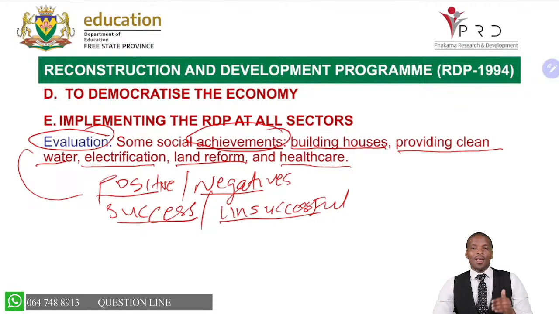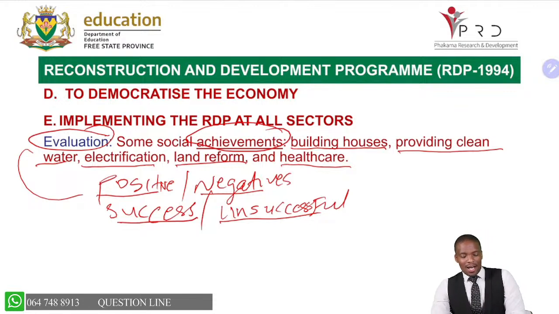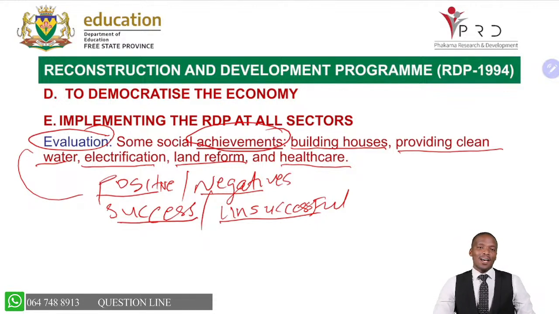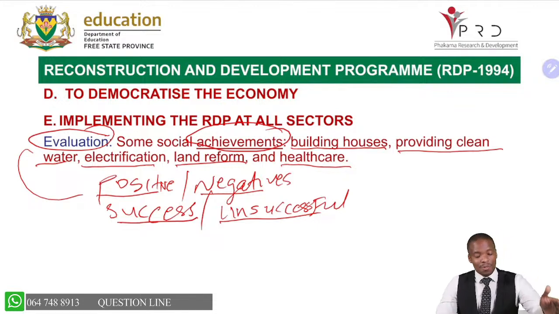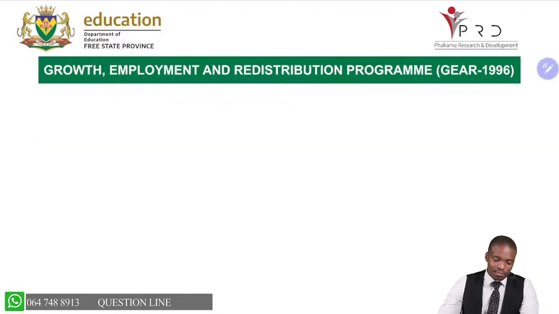However, it has been successful under 1, 2, 3, housing, water, electricity, land reforms, healthcare, or it has not been successful based on the experiences or the challenges that you have with this policy.